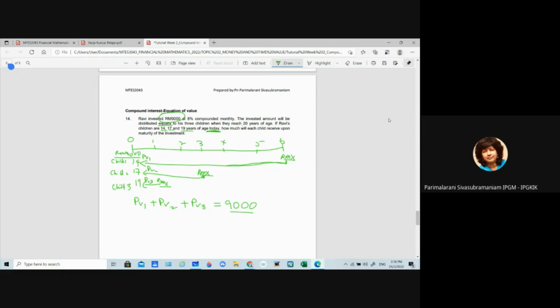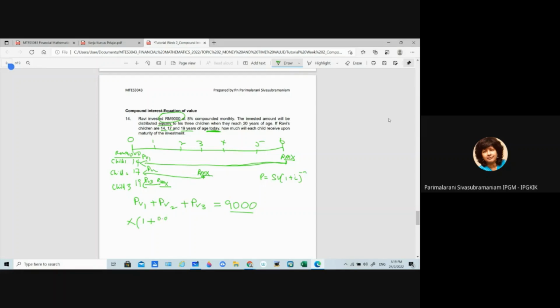PV1 for child 1, we are using the formula PV is SV times (1 plus i) to the power of negative n. So PV1, SV is X, X times (1 plus what is this? Interest at 8% compounded monthly.